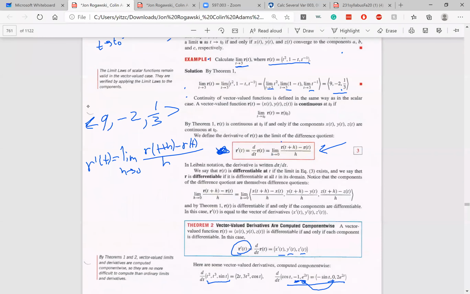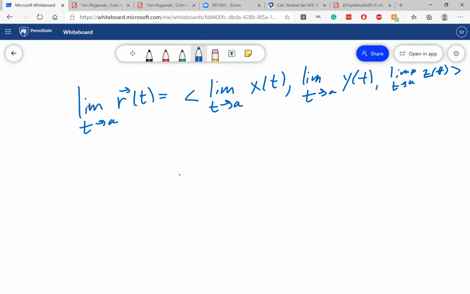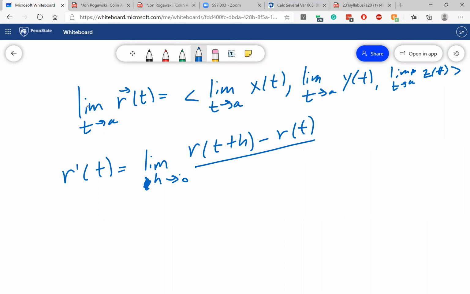And then we said that we can define a derivative the way the derivative was defined in Calc 1, but for each component. So now r prime of t is going to be the limit as h goes to 0 of r of t plus h minus r of t over h. So this is going to be the derivative. It goes into each component.